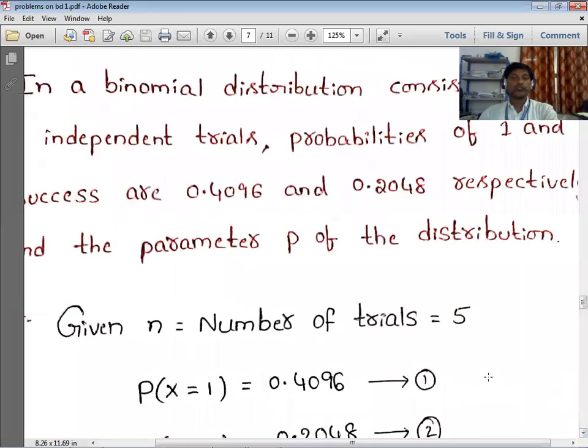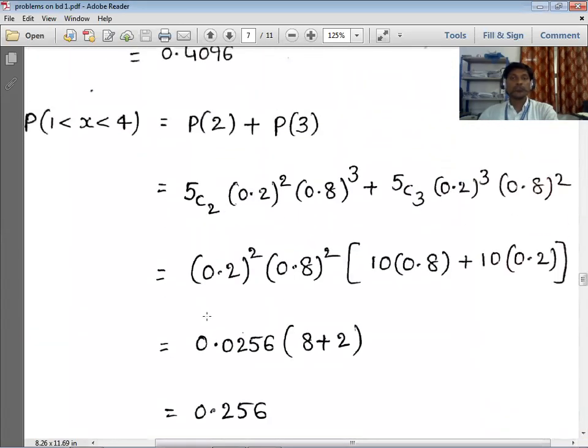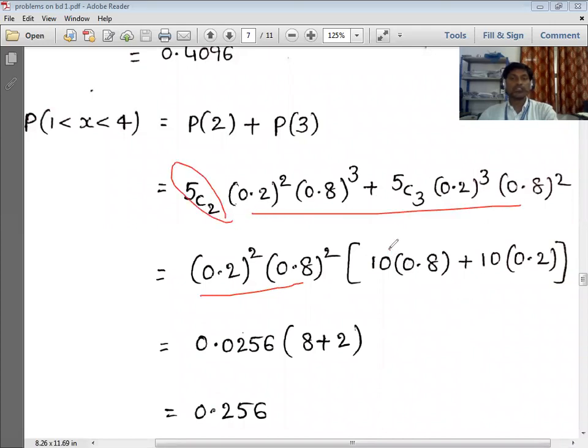So in this, which one is the common one? 0.2 whole square and 0.8 whole square we took common from these entire terms. In the remaining, 5C2 is nothing but 10 by using nCr, and 5C3 is also 10.